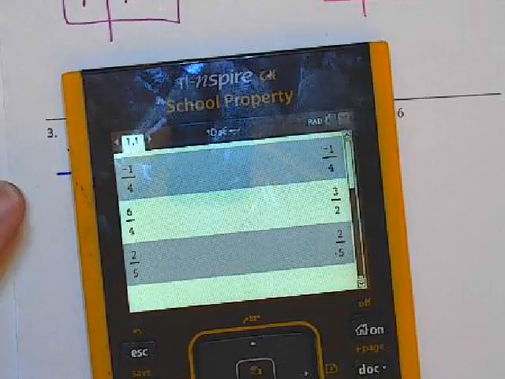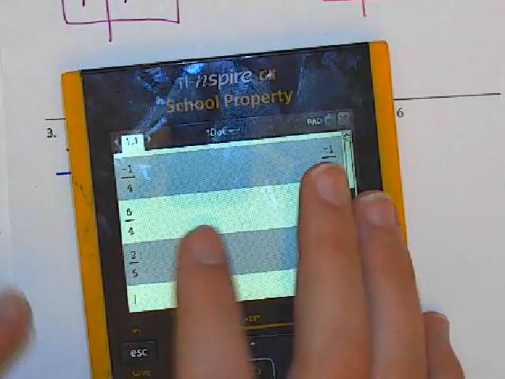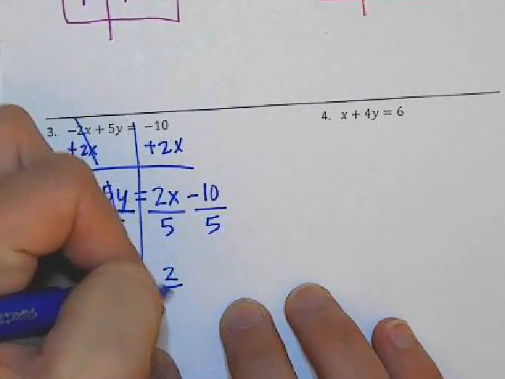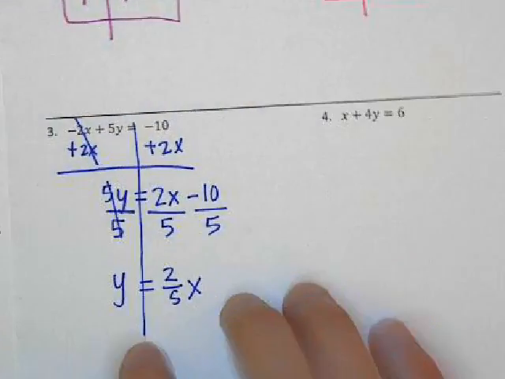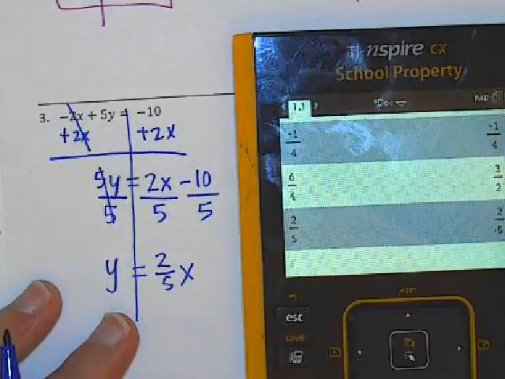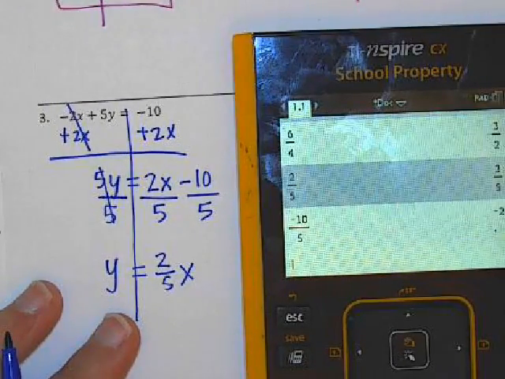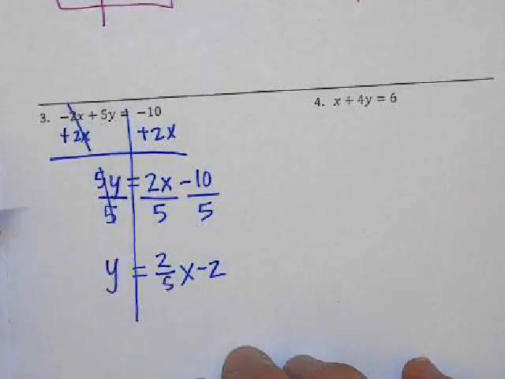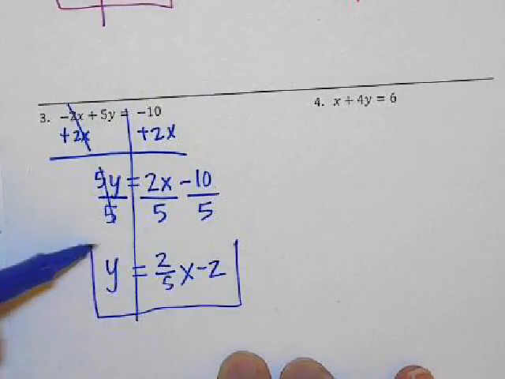Or I could put a decimal, but I'll explain it in a second. So just put 2 over 5 x. Keep it as a fraction for right now. Then I've got negative 10 over 5, which is negative 2, so minus 2. Is y by itself? Yes.